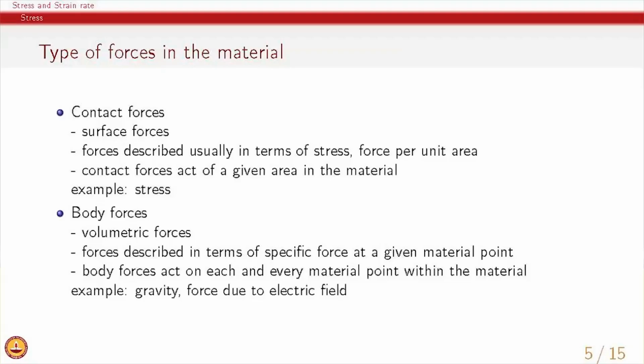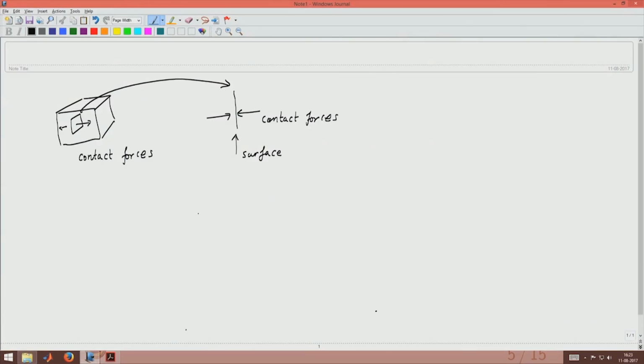The other example is that of body forces. Body forces are volumetric forces in the sense that they act throughout the body. Now if we again look at the same material, body force will act on a given point.